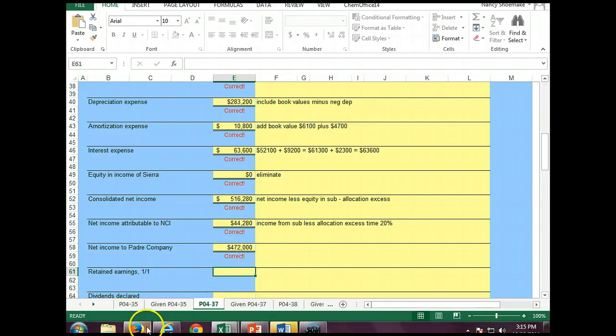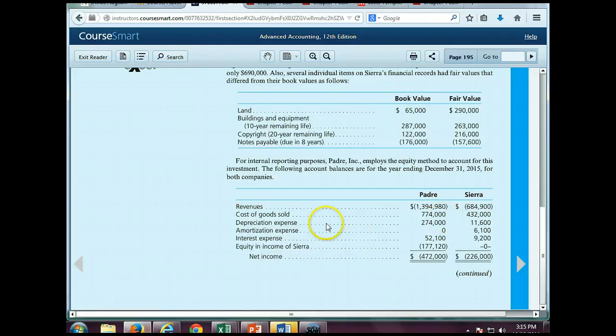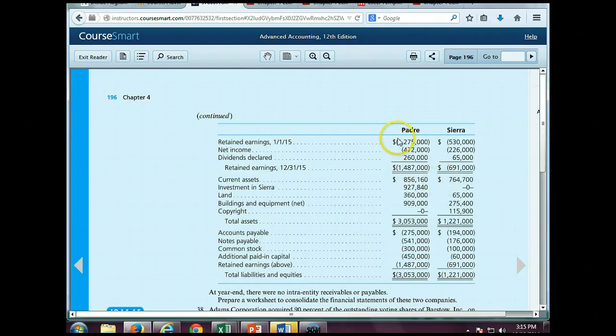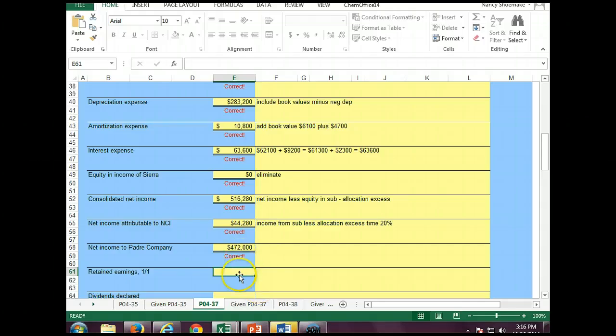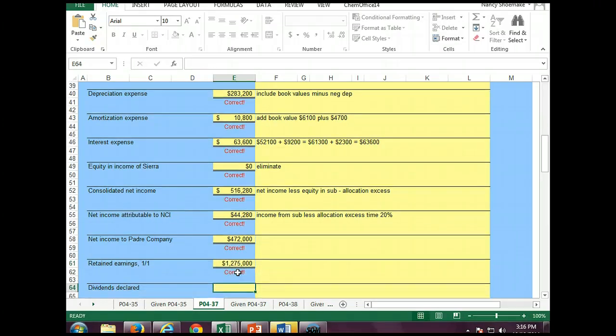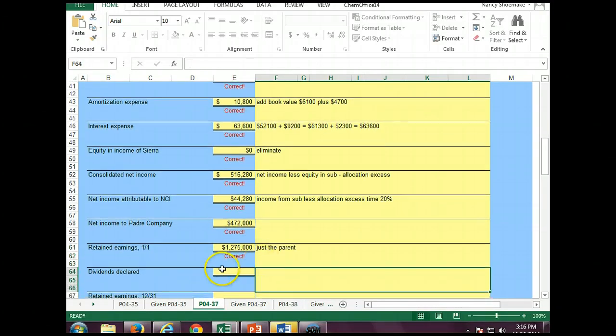Retained earnings at the beginning of the period. Retained earnings here, Padre, Sierra, at the beginning of the period. Don't we want to wipe out Sierra's? Remember how the retained earnings, we always wipe out the subsidiaries' retained earnings? So it's just the parent's, 1,275,000. What were the dividends declared?